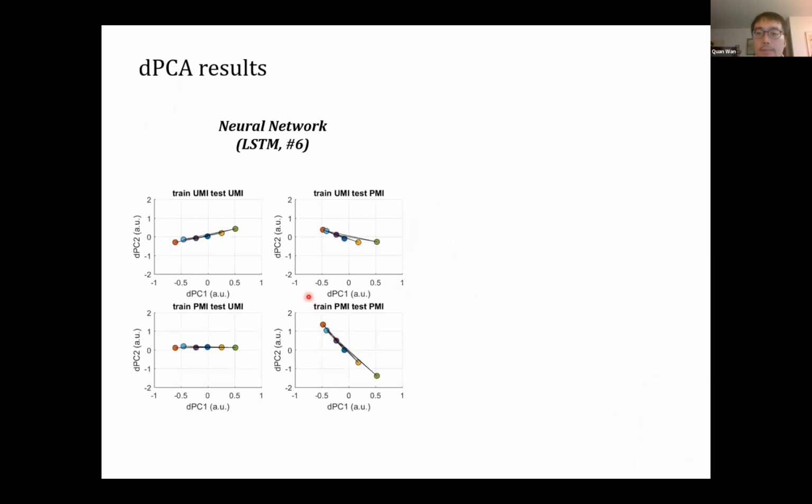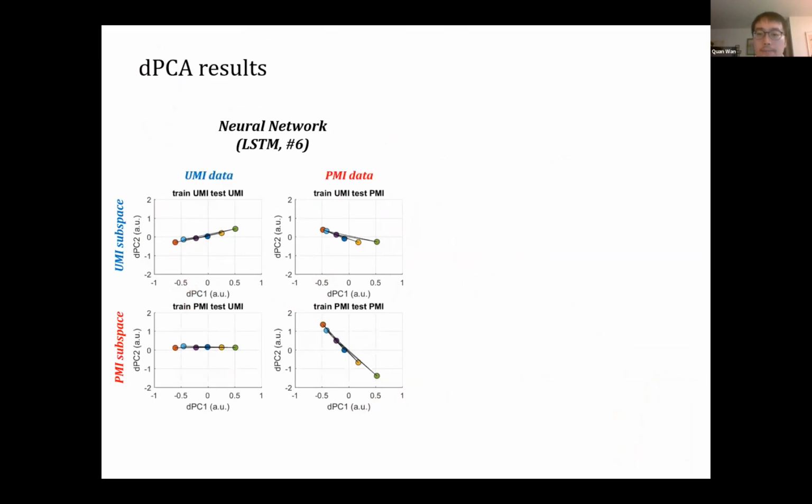Some results. Here are the dPCA projections from an example neural network. The axes for each figure are the top 2 dPC components, and the first row is the UMI subspace, and the second row is the PMI subspace. The columns are stimulus response averages based on UMI versus PMI.